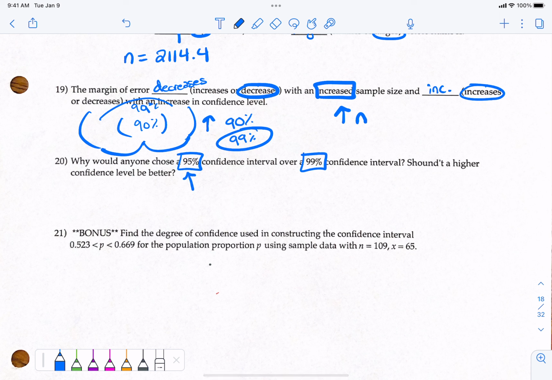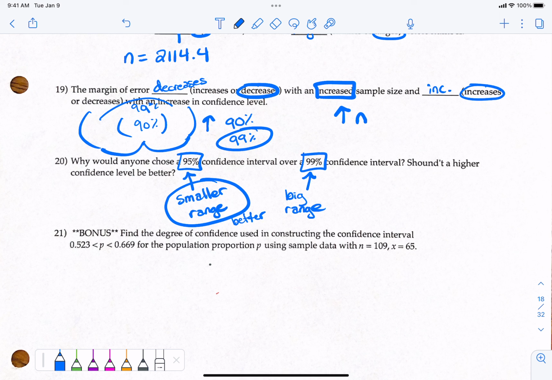This is going to have a smaller range or a smaller window, so it's going to give me a smaller target, like a smaller group of numbers. So yeah, I'm less confident, but I have a smaller window. The 99% one might not tell me anything if it's a huge range. Sometimes a smaller range is better. So in that case, a higher level of confidence might not necessarily be the way to go because you want to have it really pinpointed down.